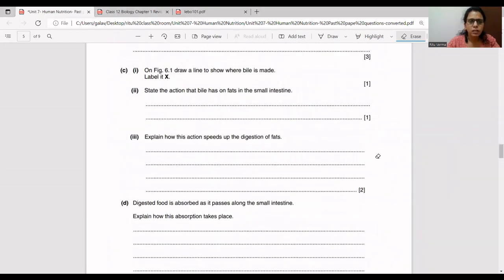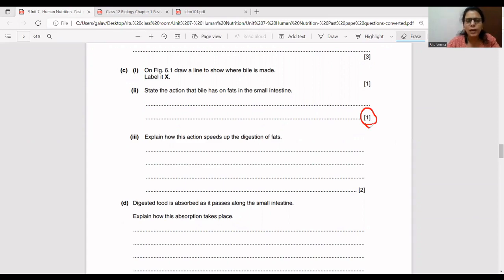Then second, state the action that bile has on fat. In the food which we consume, if fat is present, how does bile help in the digestion of fat? As this question is for 1 mark, there is no need of explanation. You can just write that bile helps in emulsification of fat. If you just write emulsification of fat, you will get 1 mark.